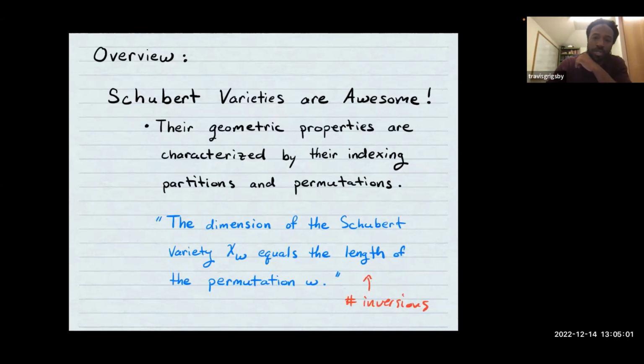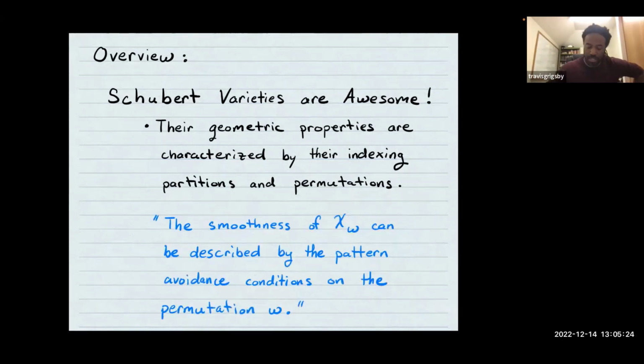And just in general, when you're looking at Schubert varieties, there's a beautiful interplay between the combinatorics of their indexing permutation and the geometry of those Schubert varieties. So the dimension of the Schubert variety can be calculated through the length of the permutation.